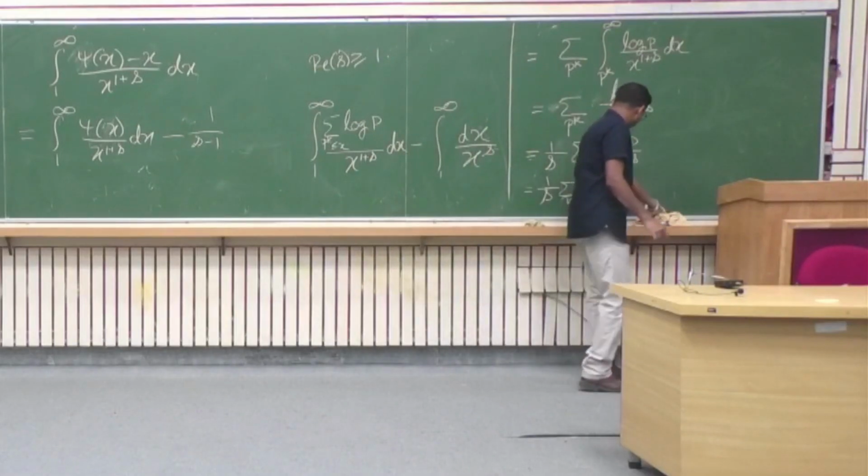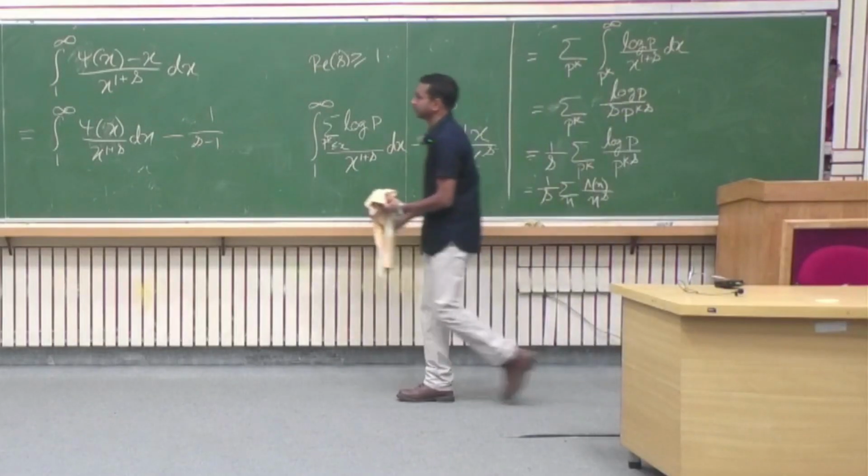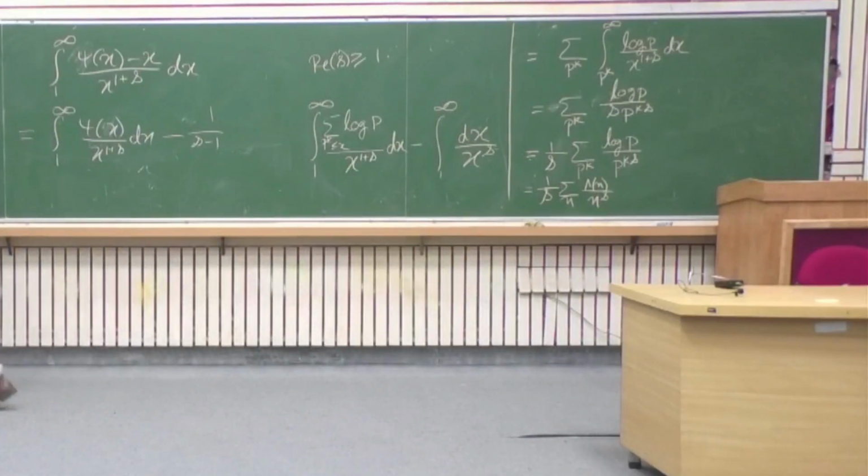So let's consider this series lambda n by n power s. We have seen something in the first exercise session, if you recall. Lambda n is equal to summation over d dividing n of mu d log of n by d, right?